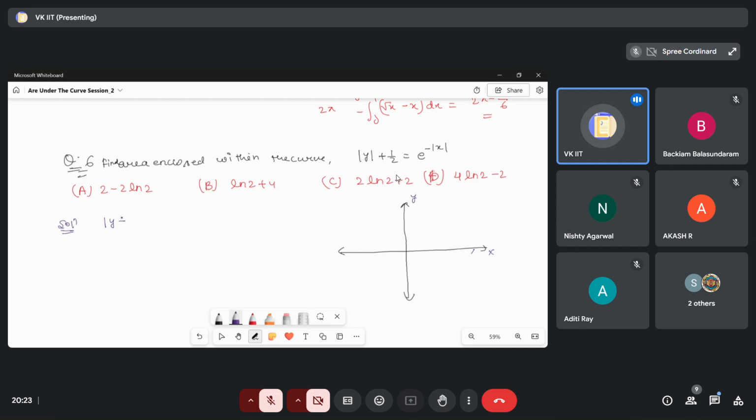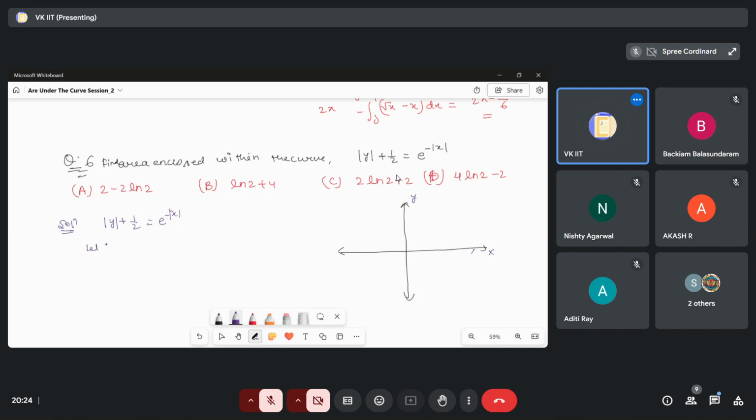So the equation is given to you as mod y plus 1 by 2 is equal to e to the power minus mod x. Now suppose we consider y as 0.